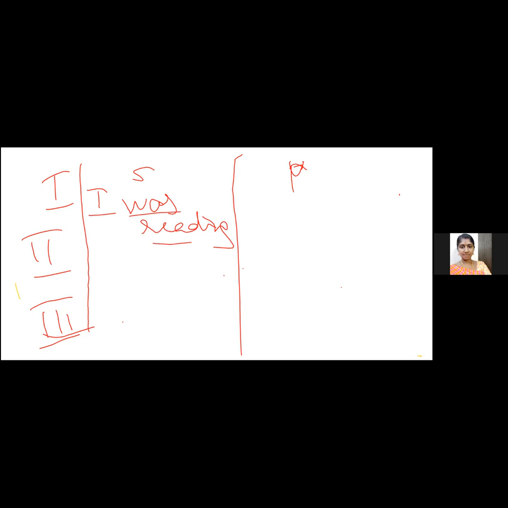What is the plural form? We were reading. Why do we use were? Because was is the singular form and were is the plural form. And you, the second person, is you were.